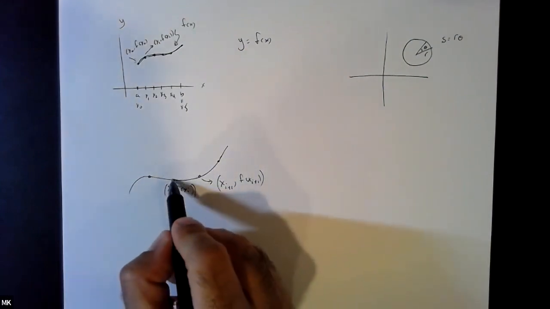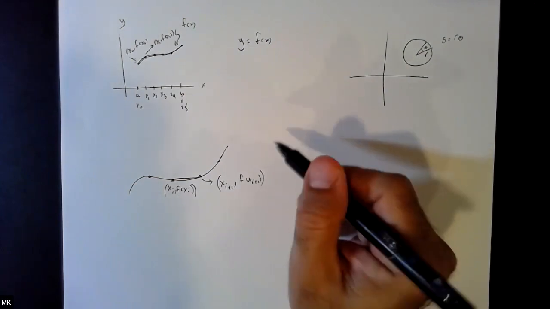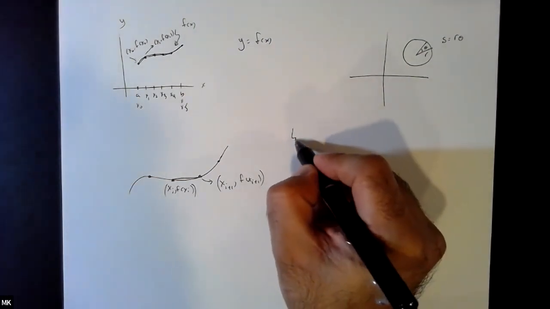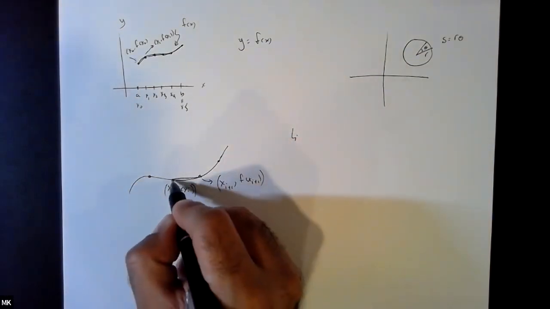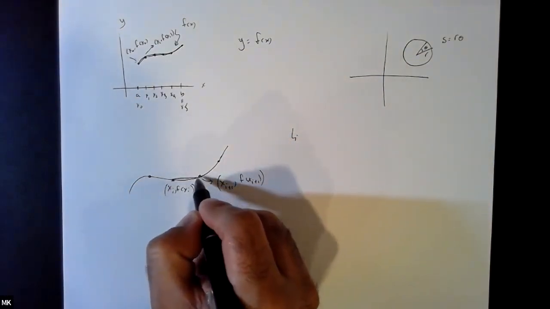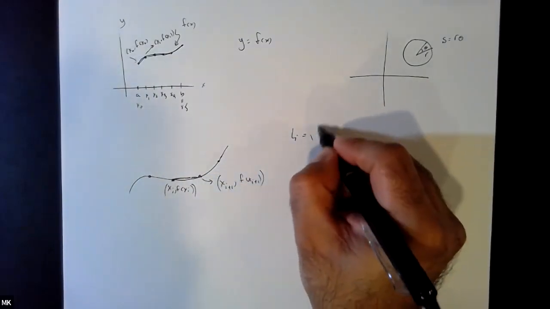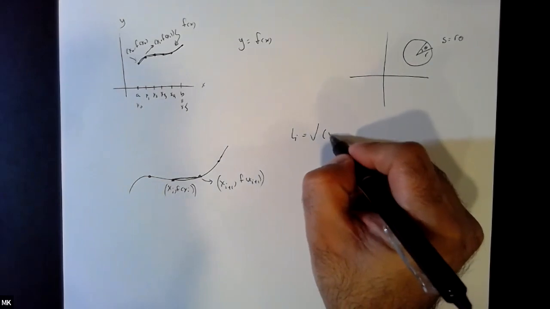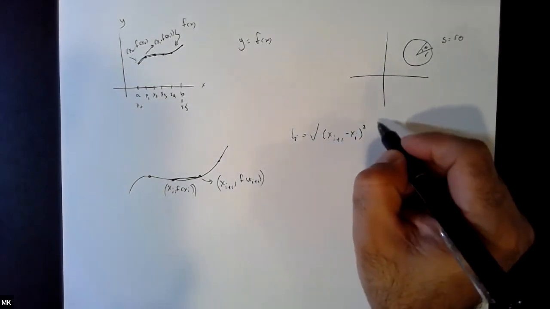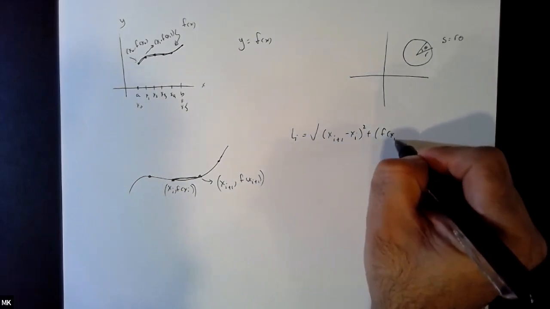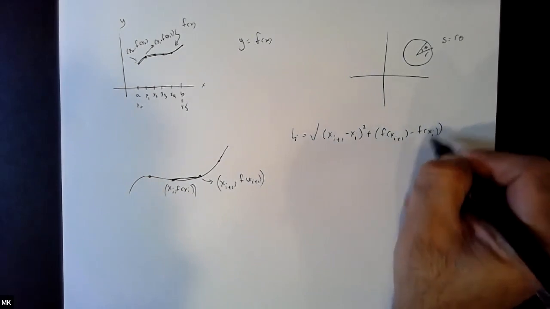So first thing I have to do is figure out what that length is. And that length is really the distance formula. So if I call it Li, which is the length of the line segment that connects these two, Li would be the square root of (xi plus 1 minus xi) squared plus (f of xi plus 1 minus f of xi) squared.